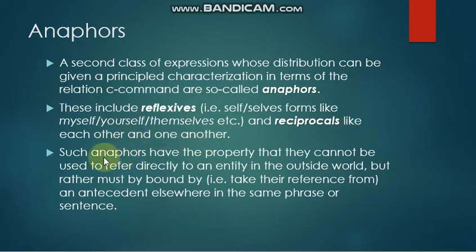Such anaphors have the property that they cannot be used to refer directly to an entity in the outside world, but rather must take their reference from an antecedent elsewhere in the same phrase or sentence.